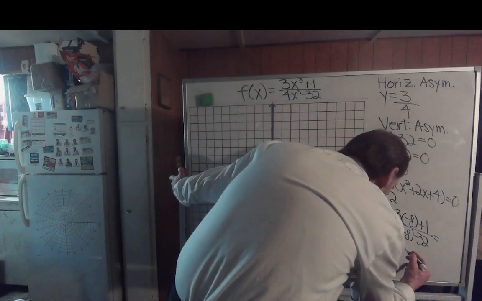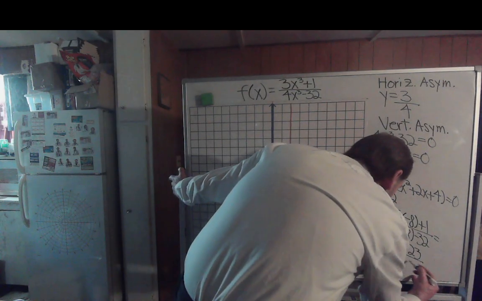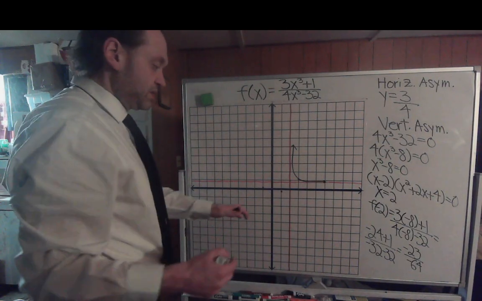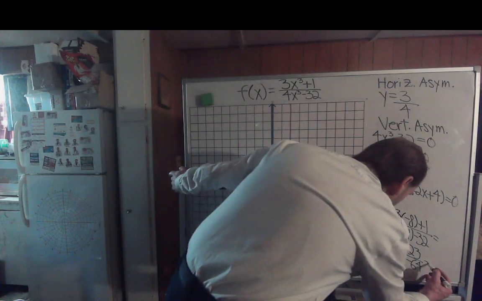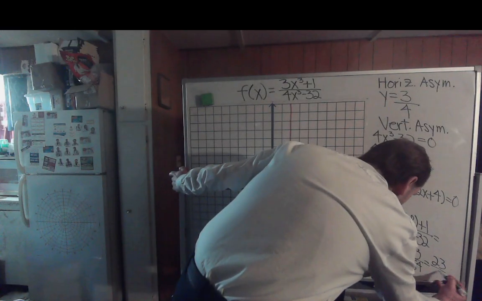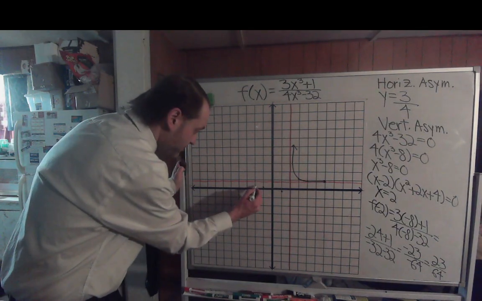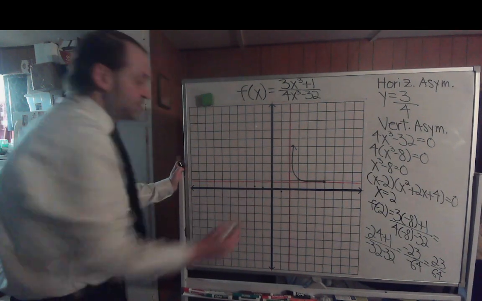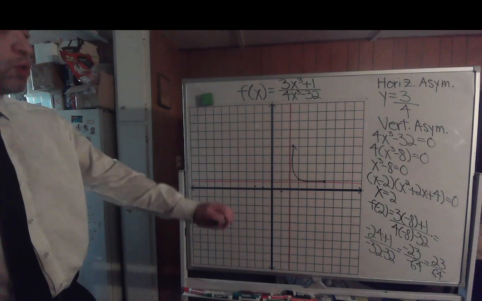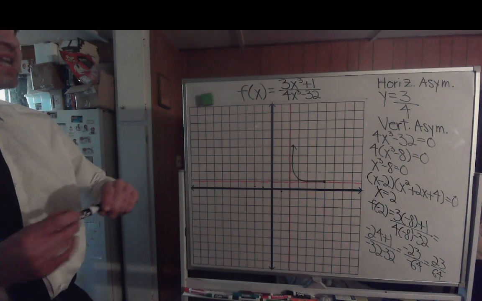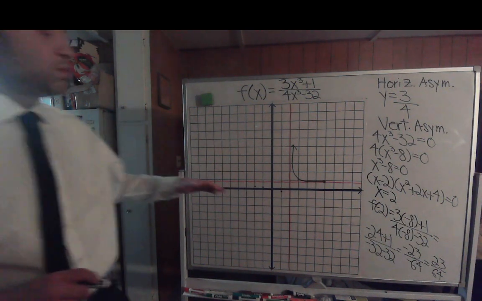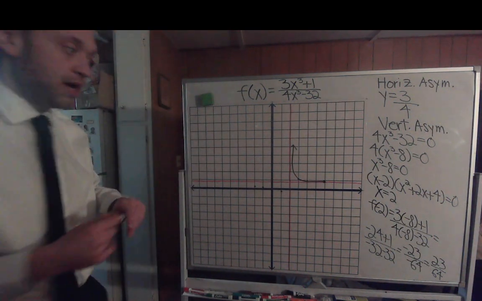Well, that'd be negative 23 over negative 64. So that would actually be positive 23 over 64 for your y value. So it's more than what we had before. And as you see, the further left I go, the more I'm increasing my y values, getting infinitely closer and closer to y equals 3/4, but not quite making it there.